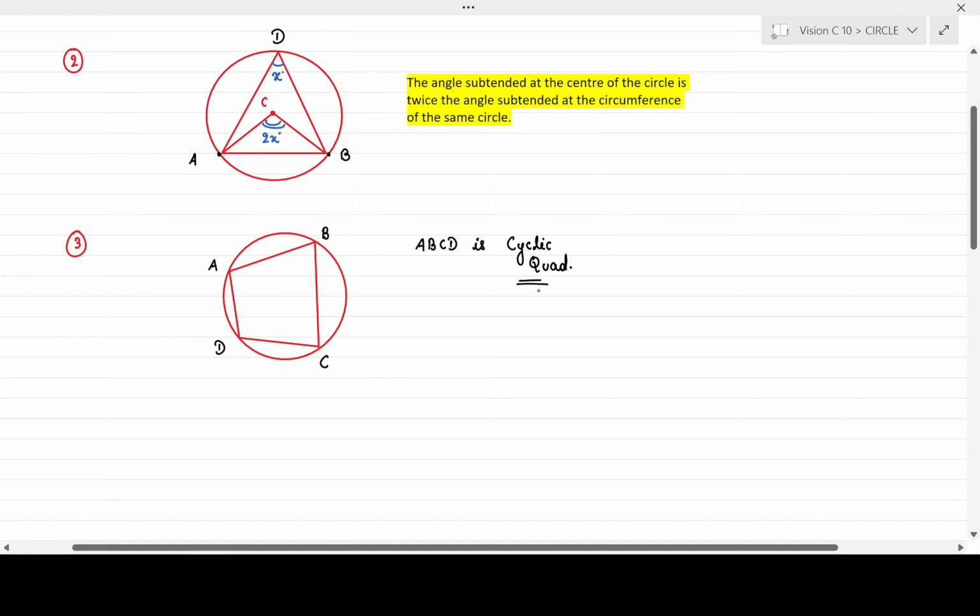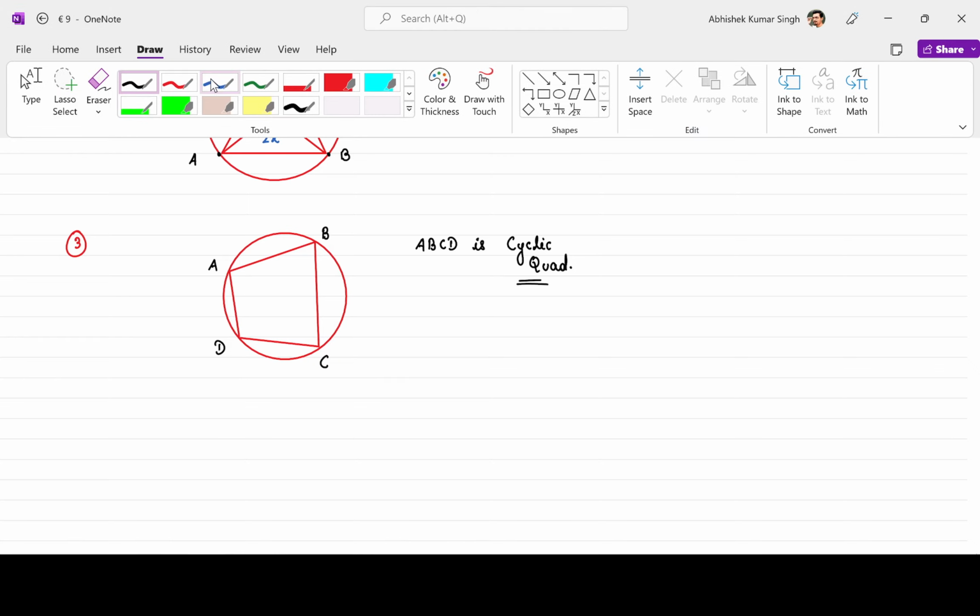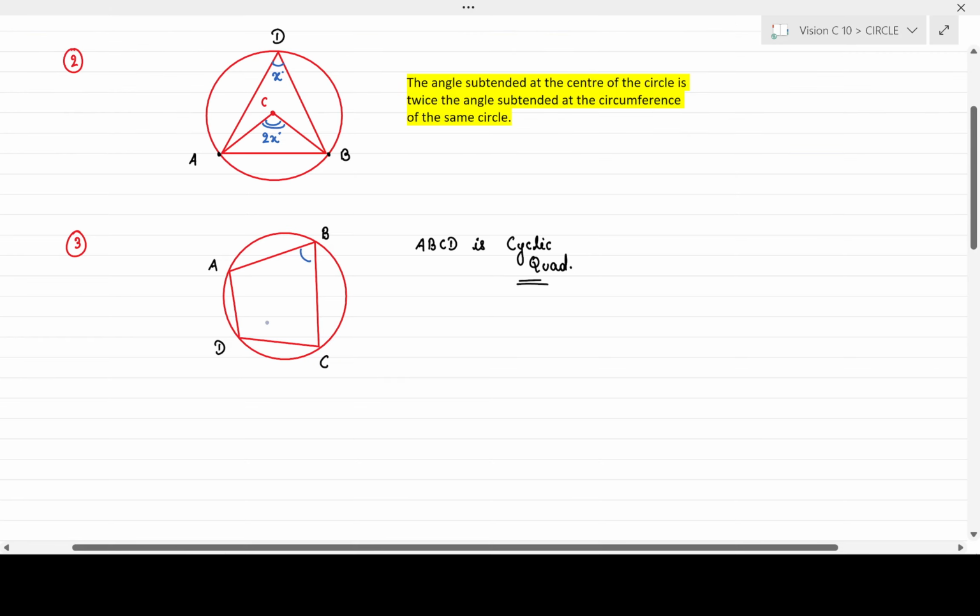The special property of a cyclic quadrilateral is that opposite angles sum up to 180 degrees. These are not equal actually, but opposite angles sum up to 180 degrees, they are supplementary.